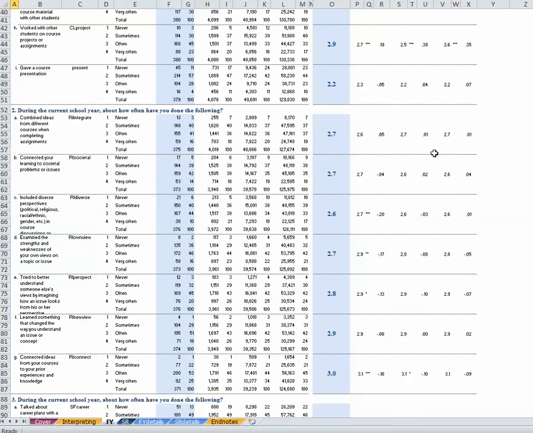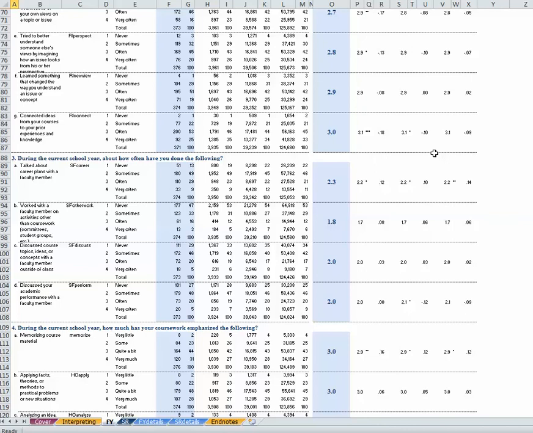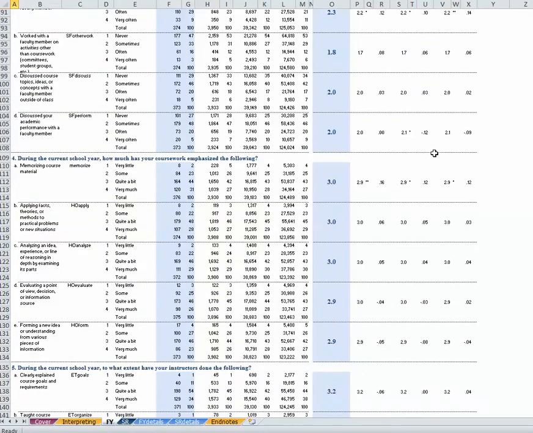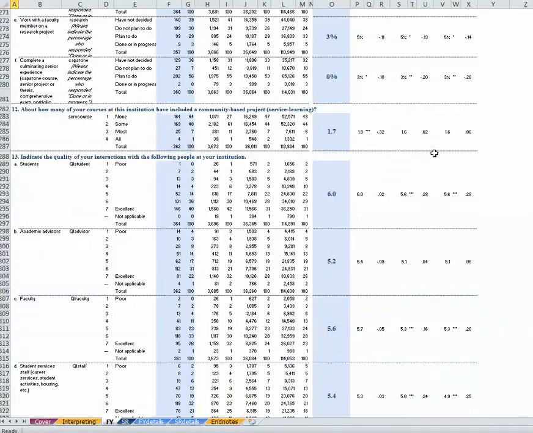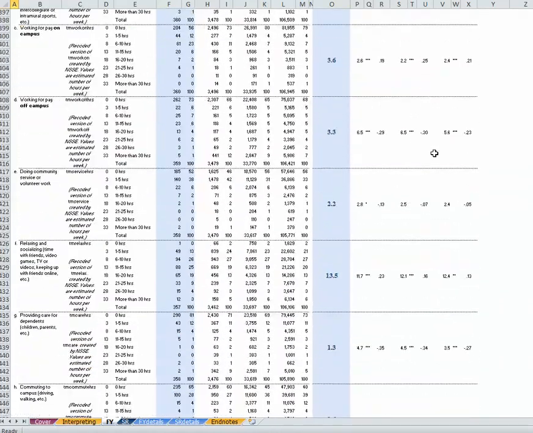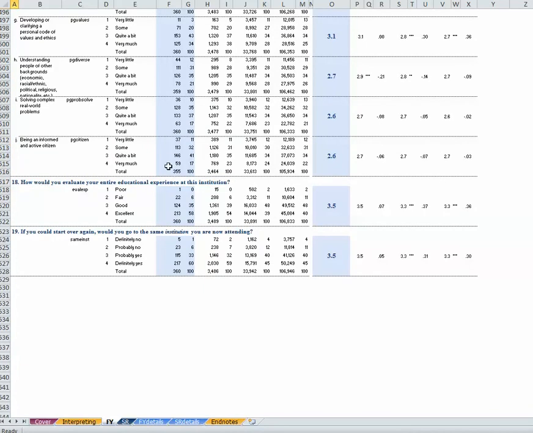So you'll see there's a number of different items on here. It's easy to get swallowed up in looking into all this information. That's why looking at the engagement indicators report will be helpful to start out with first. Towards the end of this report, you'll see some things that all institutions are interested in focusing on. How would you evaluate your overall education experience at this institution?